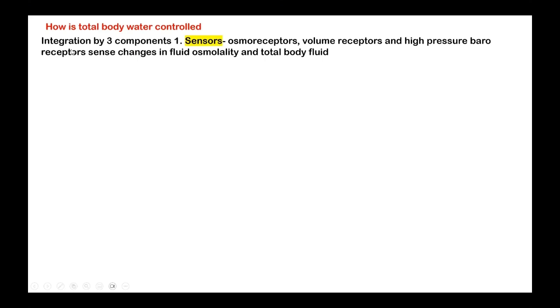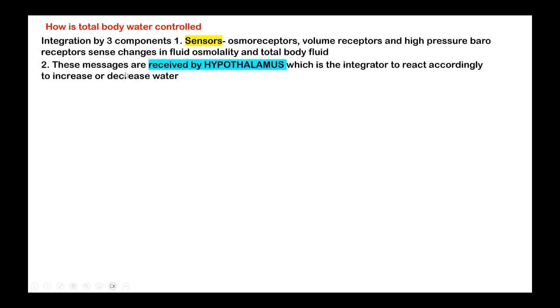Hormonal influence. It is the integration of three components. One is sensors: osmoreceptors, volume receptors, and high pressure baroreceptors. They all sense change in fluid osmolality and total body fluid.